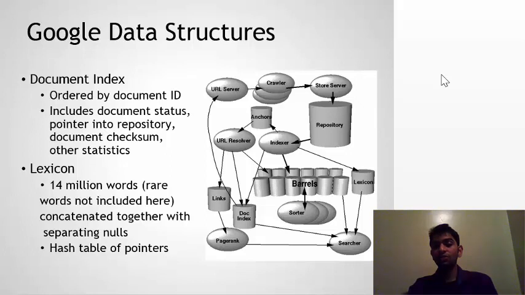Google has a lexicon of over 14 million words which are supposed to repeat frequently. Lexicon also has hash pointers for the repository.